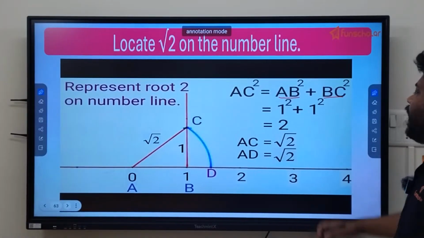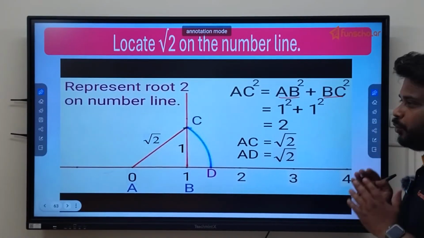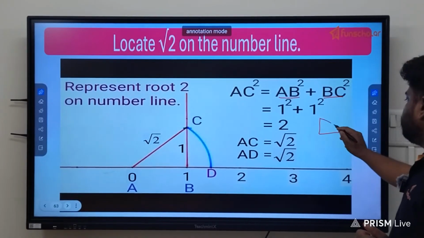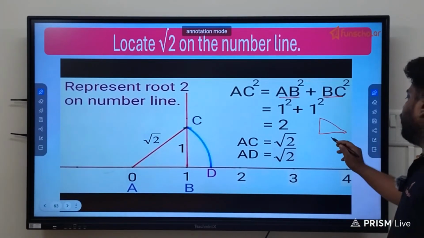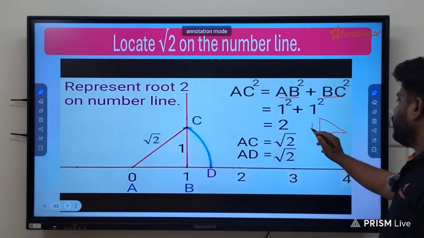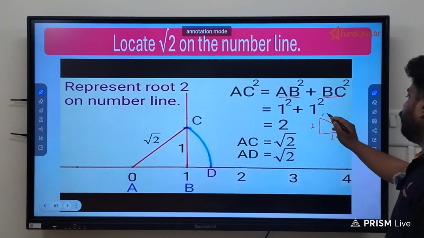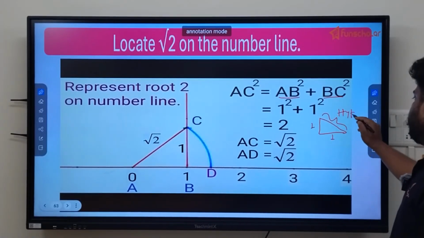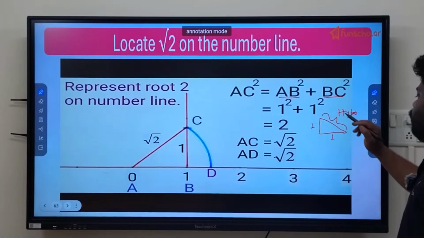Then we have to find the hypotenuse of one unit each. So if this is a right angle triangle and one unit is the base and one unit is the height, the hypotenuse will be root 2 units.